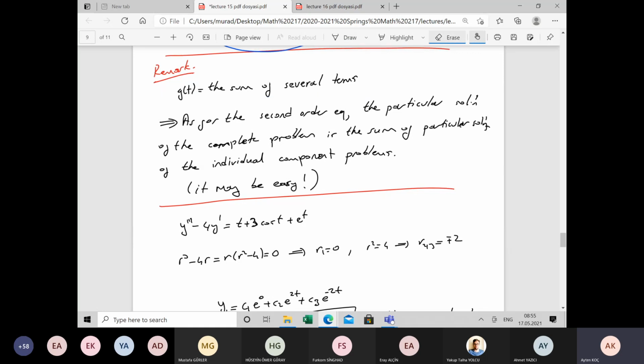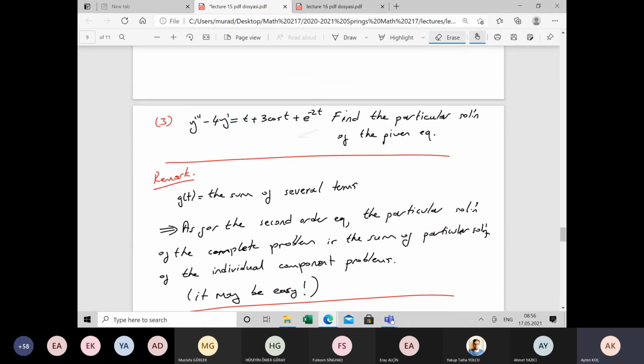But first of all, our aim is to find the particular solution of the given equation, but you always have to find the general solution of the homogeneous part, because to construct the form of the particular solution we consider the right side, and the general solution of the homogeneous part is also important, because the particular solution should be linearly independent of the fundamental solutions.